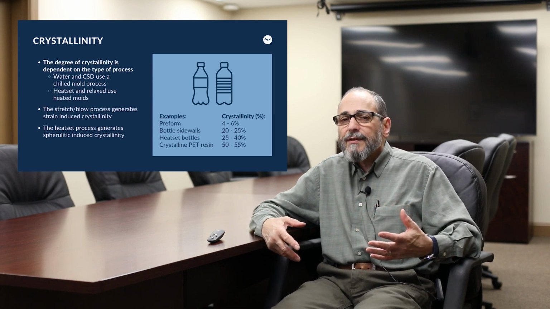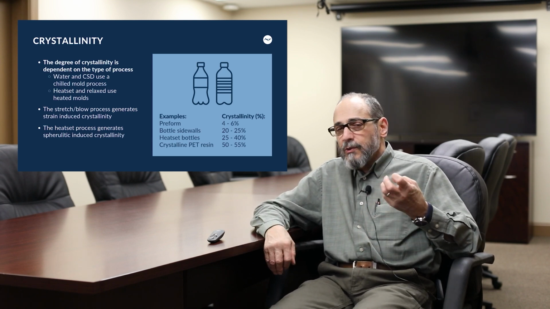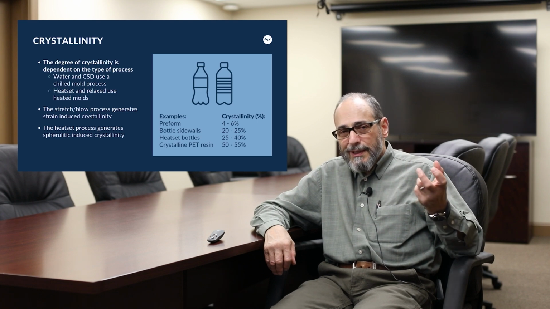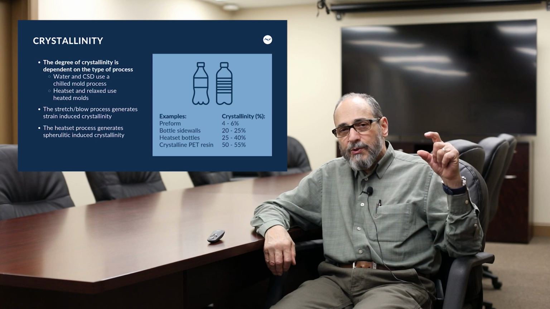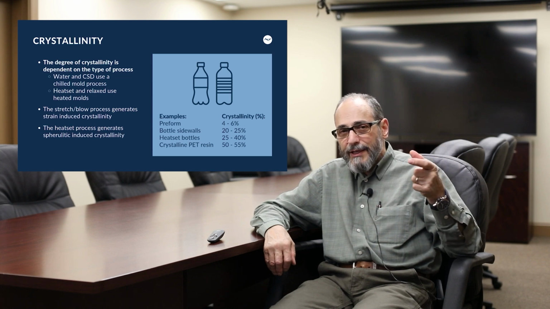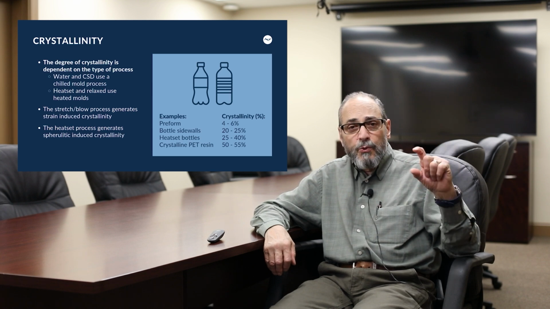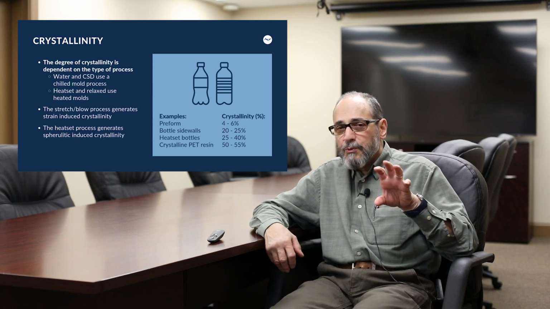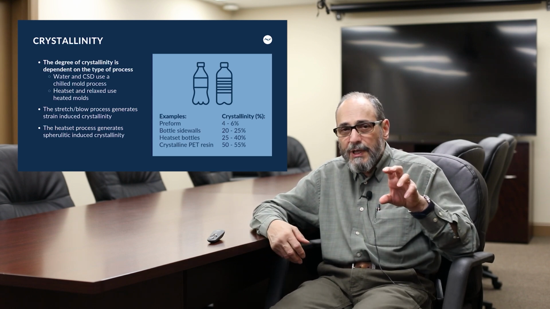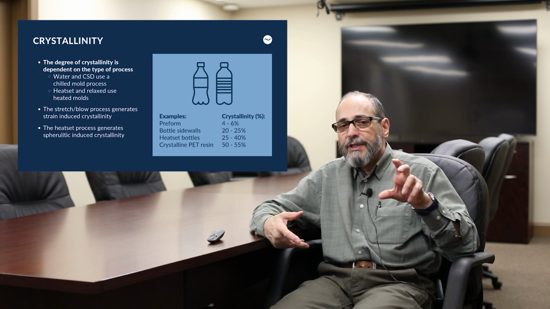When you look at crystallized PET, when sports drink bottles were first being produced, you would see bottles with a 38 or 43 millimeter finish that was white. That's because the processes weren't developed well enough in the blow molders to have stability in that finish.